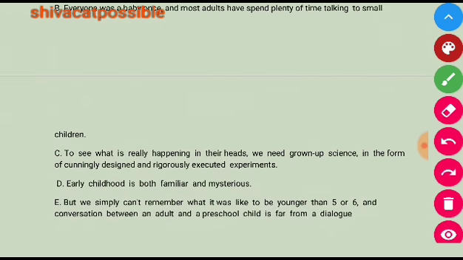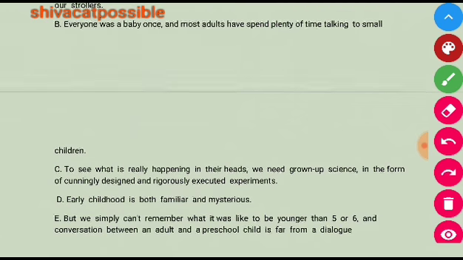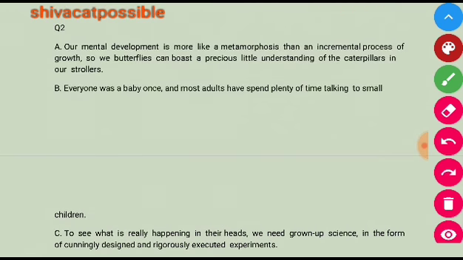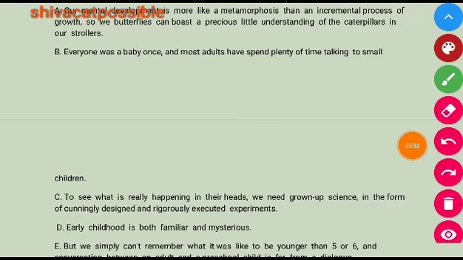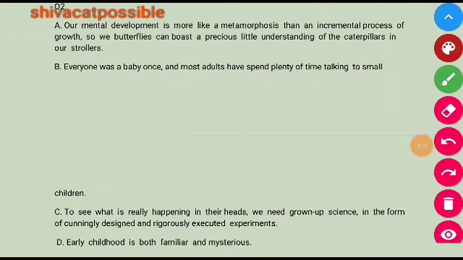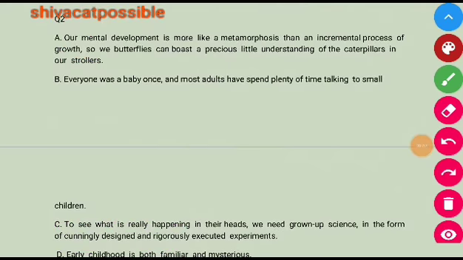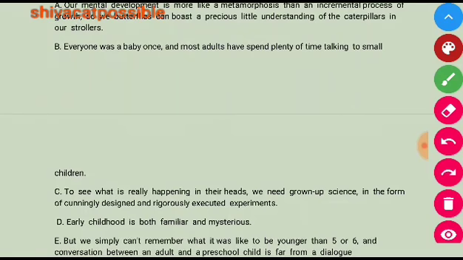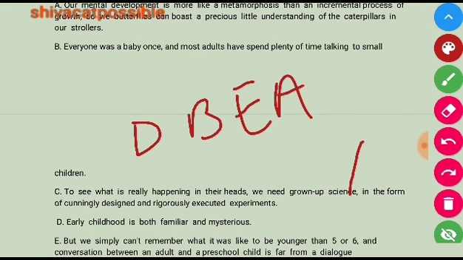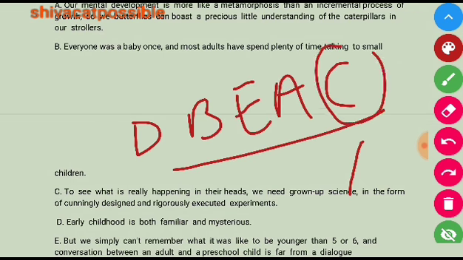C will be the next sentence connecting with A. So butterflies can boast a precious little, but to see what is really happening there, we need to grow up science. So the order will be D, B, E, A and C. Okay, D, B, E, A and C. C will be the concluding one.